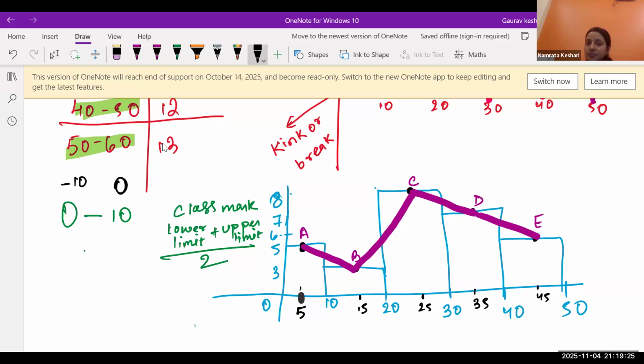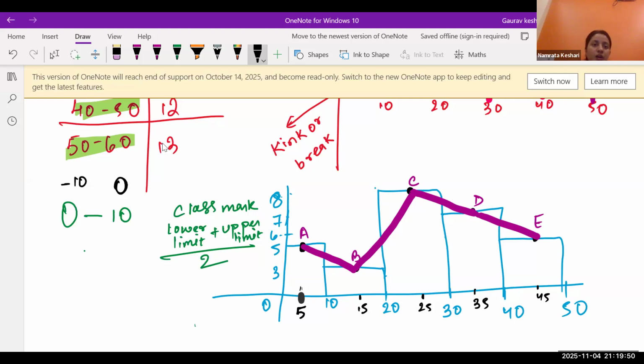If it is not clear, think about it this way. On the x-axis or number line, if I tell you to go in the left direction of 0 by maintaining the same gap, here 10, here 10, here 10, all the gaps are 10, so before 0 you will definitely take 10. You will go till minus 10. Yes or no?